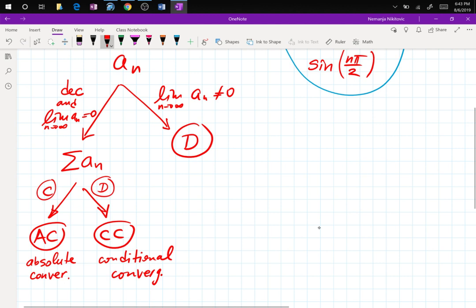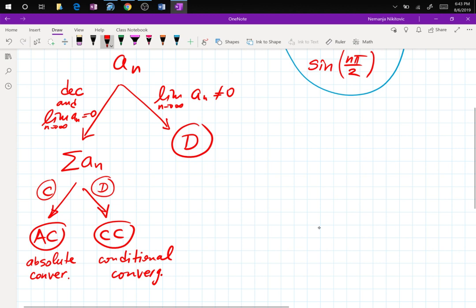Anyway, so we start with the a_n sequence, and we make sure it's decreasing, and we make sure that the limit is 0. If those two conditions are okay, then we take a look at the summation of that a_n sequence, and that can be any of the other tests.